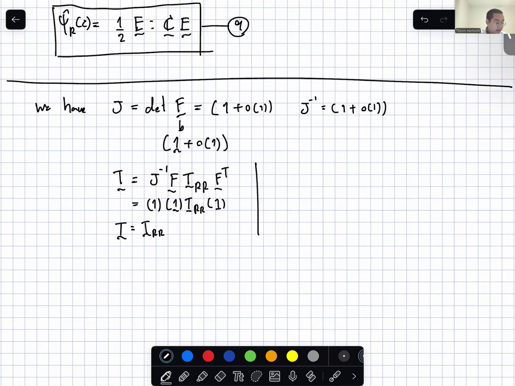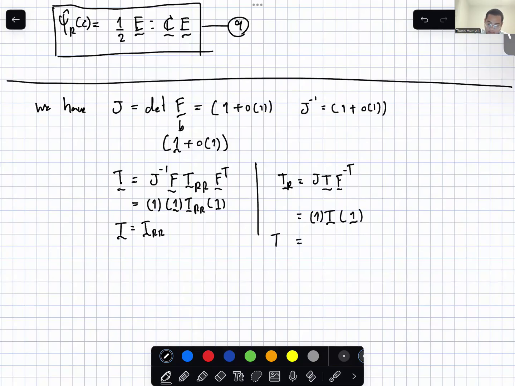And again, if we apply this to the first Piola-Kirchhoff stress, which is the Jacobian times the Cauchy stress tensor times F inverse transpose, we're going to have the same thing: one here, the Cauchy stress tensor here, and the identity matrix here.